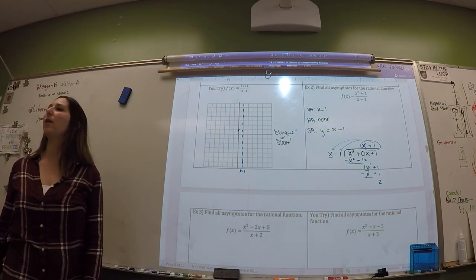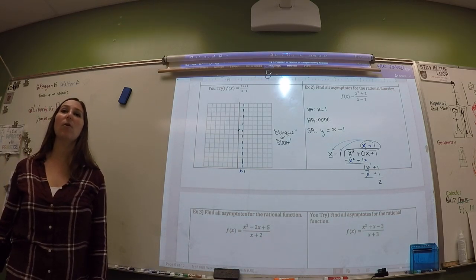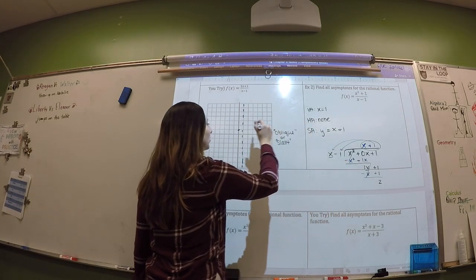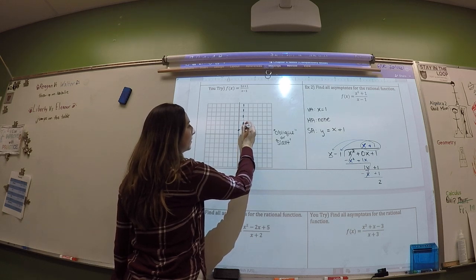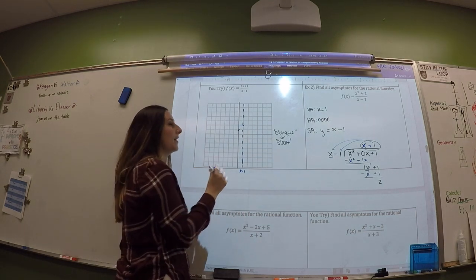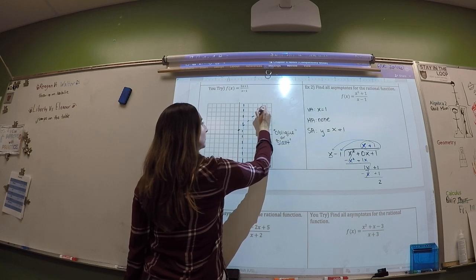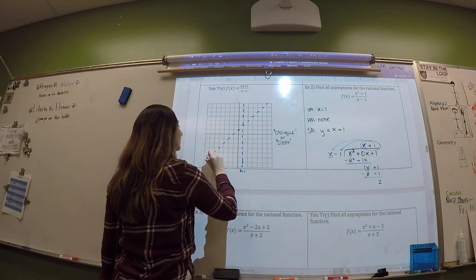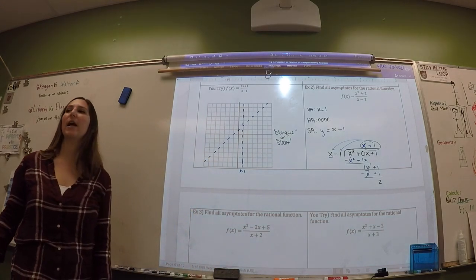And then it has a slope of 1. So you go up 1 over 1. And that's your slant asymptote.